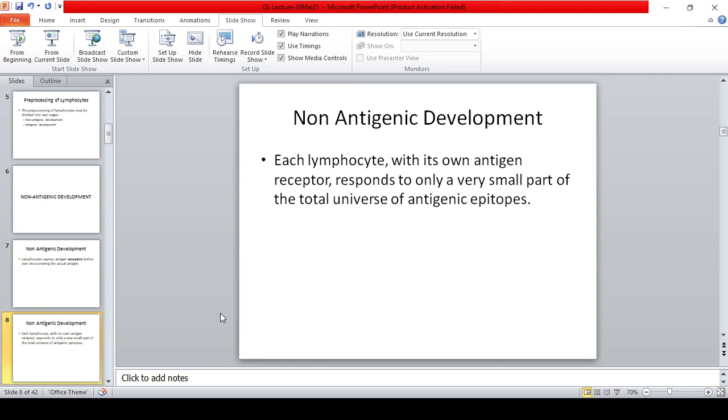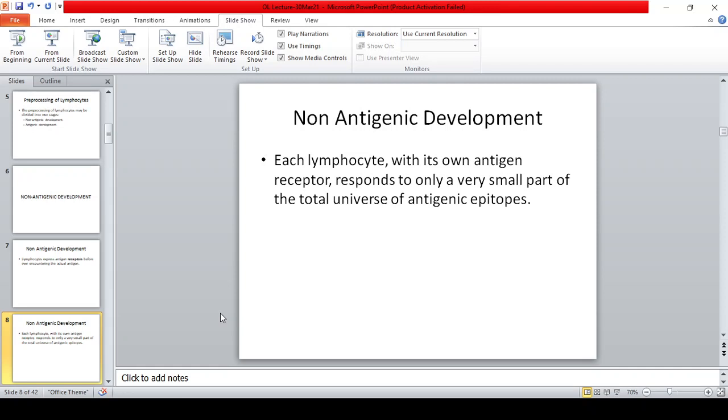Now what happens is that each lymphocyte with its own antigen receptor, which is a special protein, responds to only a very, very small part of the total universe of antigenic epitopes.